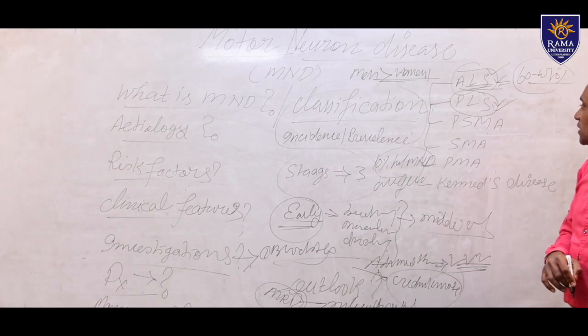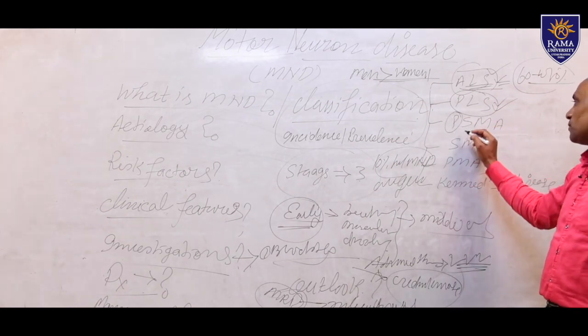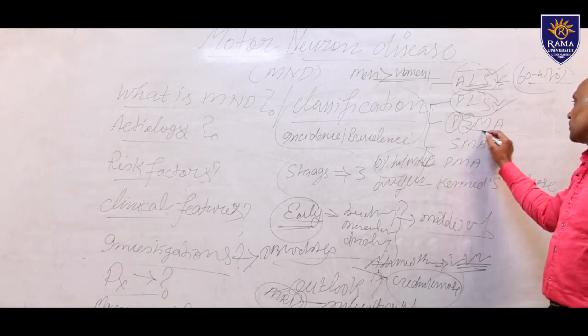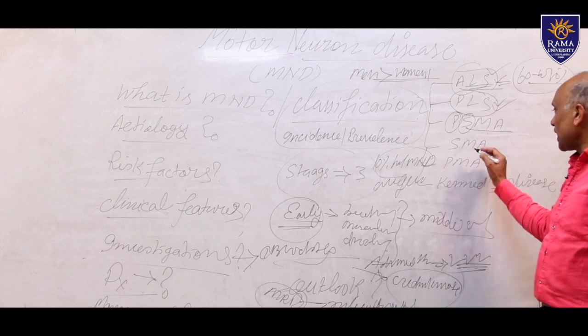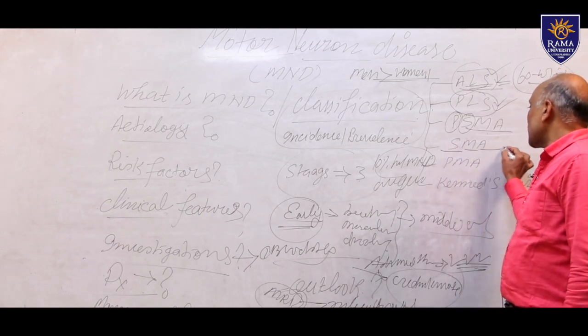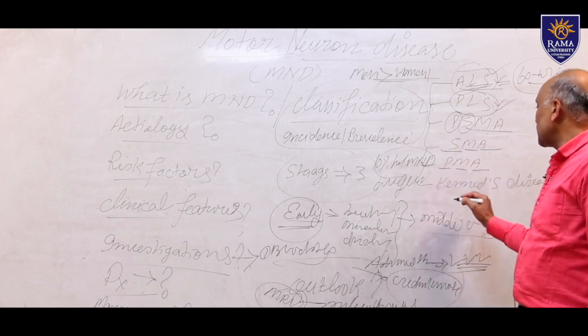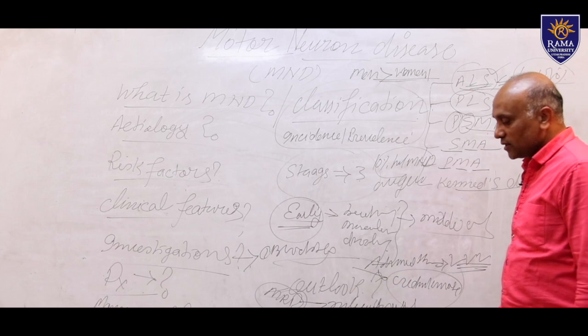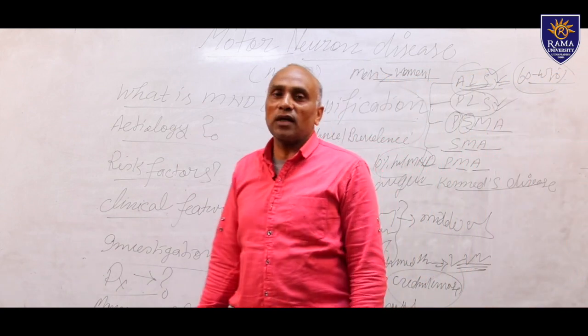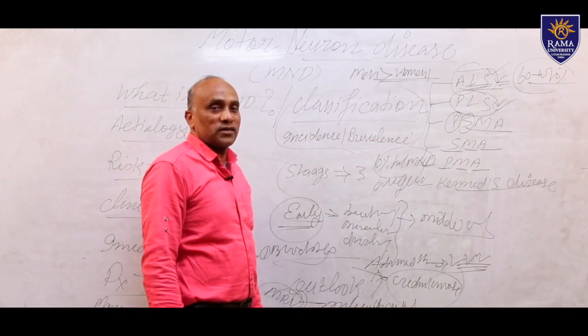The third is progressive spinobulbar muscular atrophy, then spinal muscular atrophy, progressive muscular atrophy, and Kennedy's disease also comes in the categories of motor neuron disease.